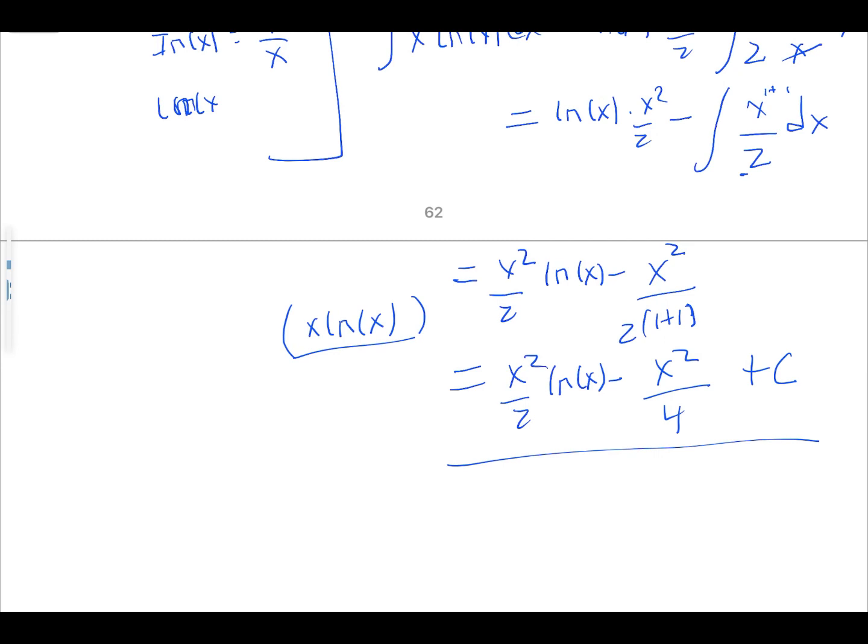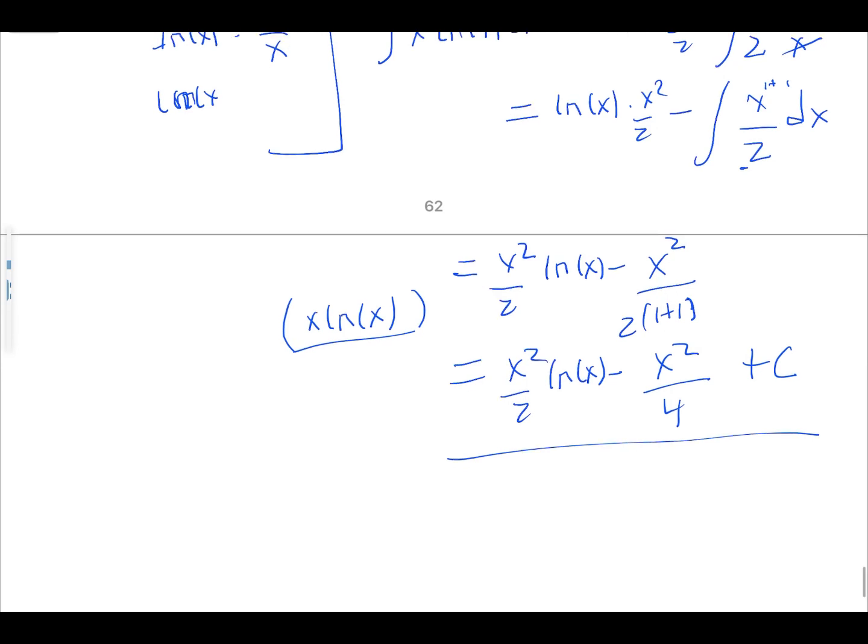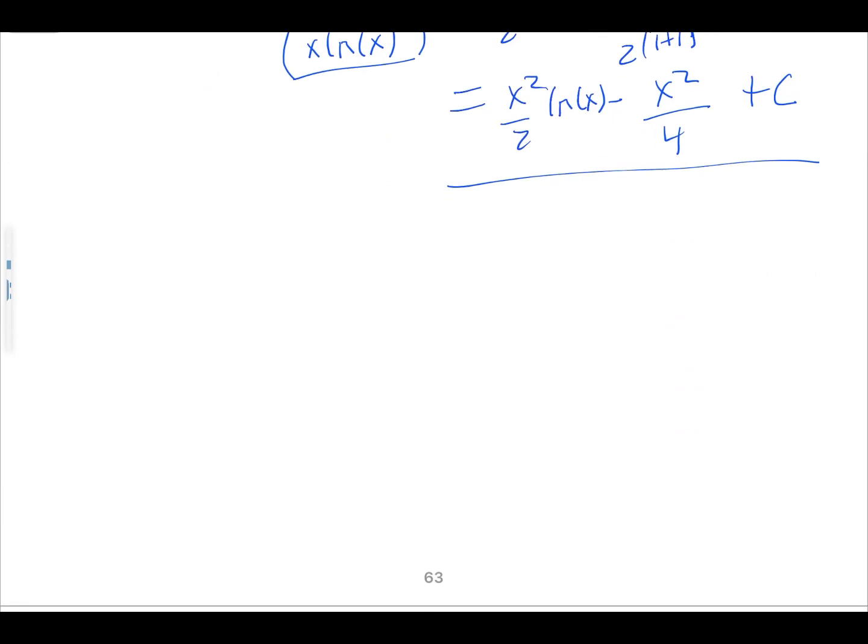This is really quick, right? Let's look at this, which is: evaluate the integral of x times the square root of 5x plus 1 dx.